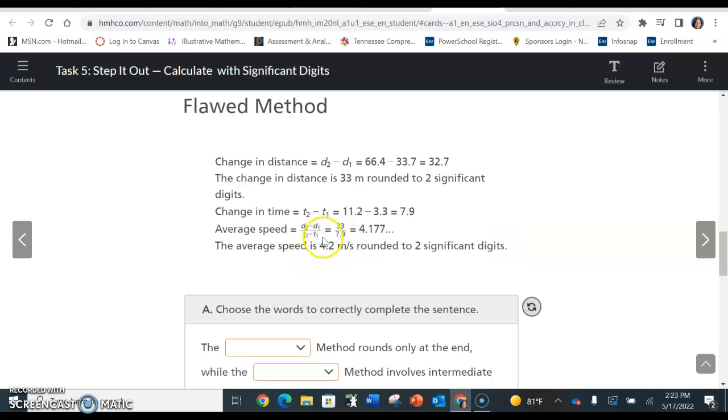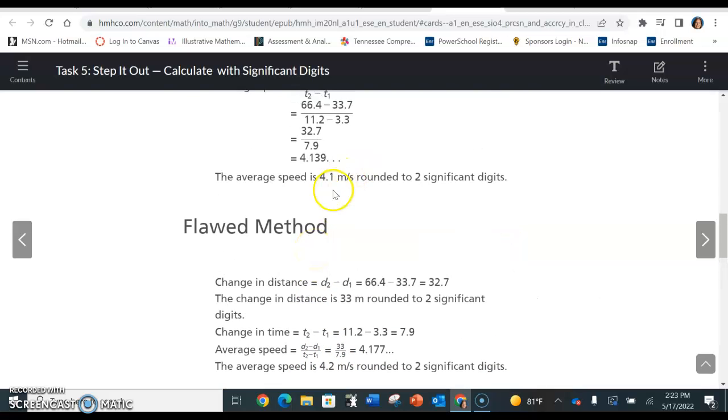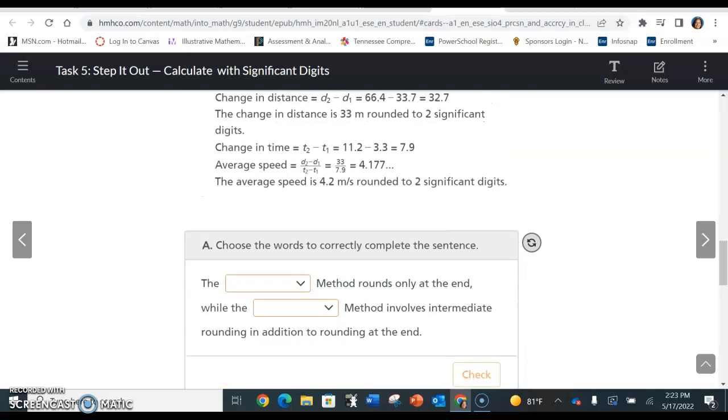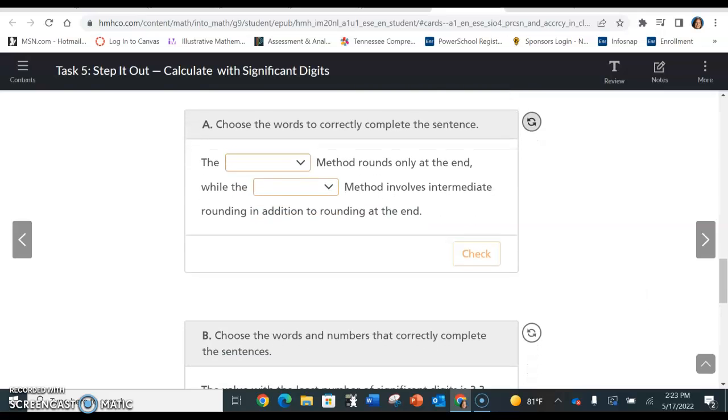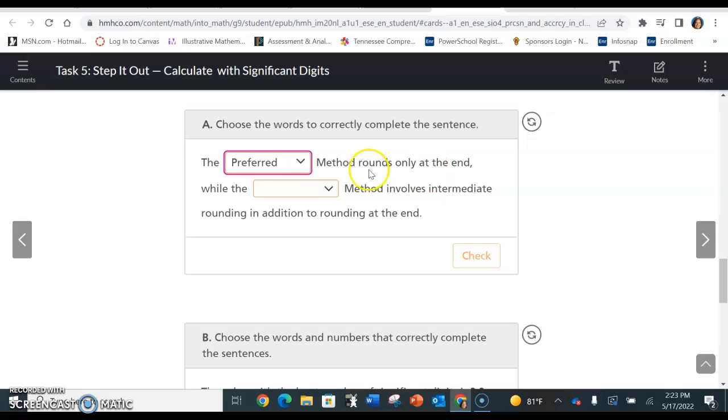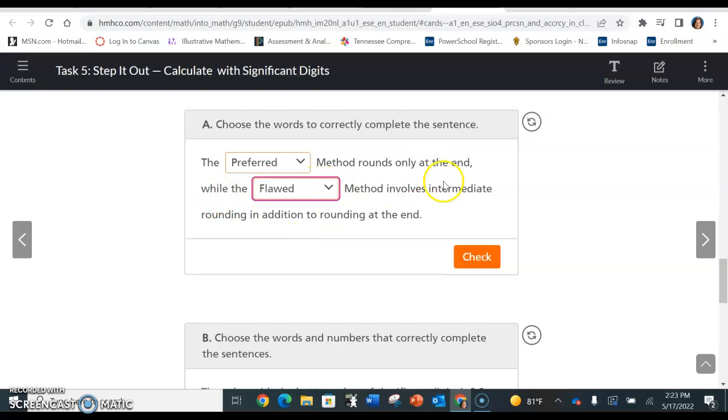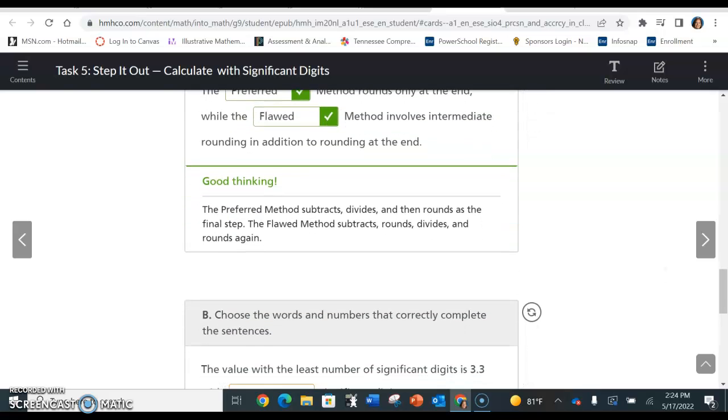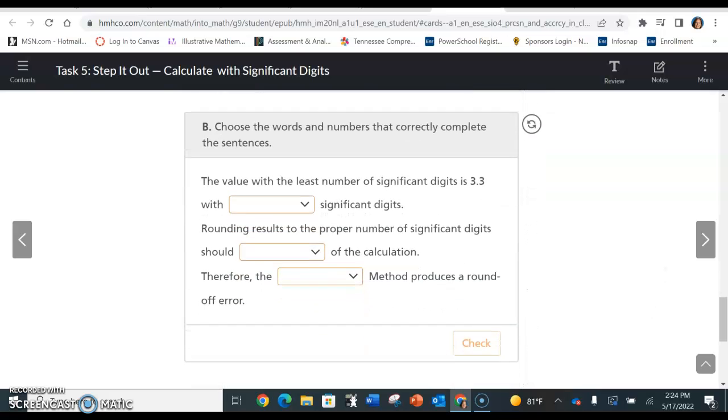So this is less accurate than the 4.1, because they rounded and then they rounded a second time in the answer. All right, so it says choose the words to correctly complete the sentence. The preferred method rounded only at the end, while the flawed method involved intermediate rounding in addition to rounding at the end. All right, and that's why it's called flawed, because it's not the best method.